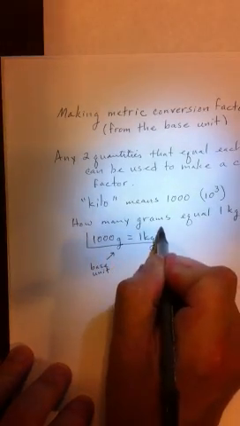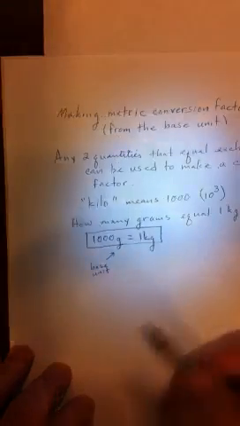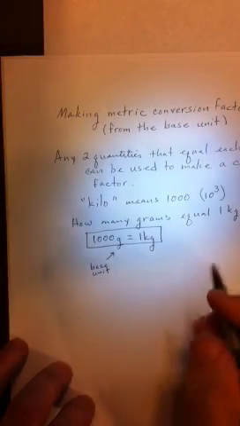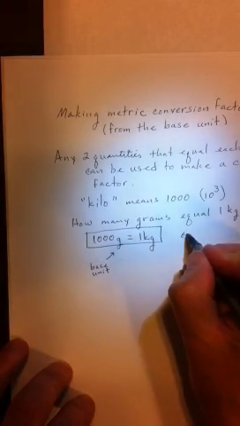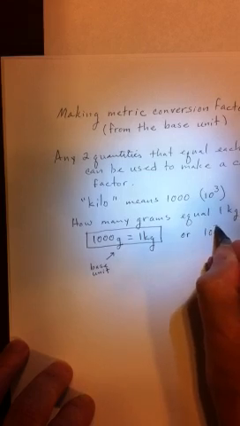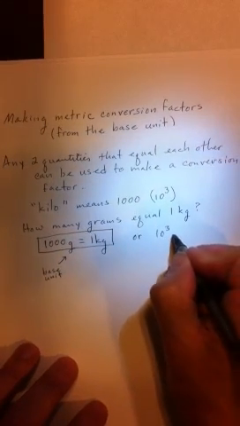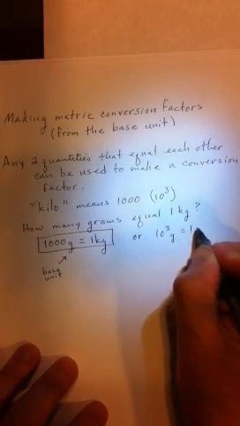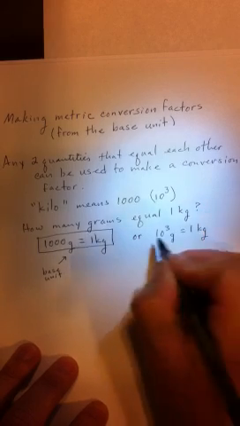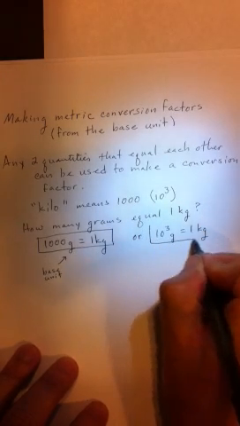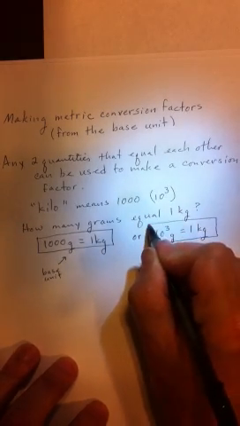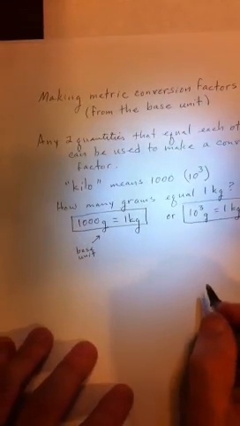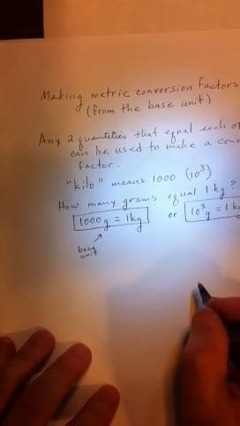Any two things that equal each other can be used to make a conversion factor. It is also true that you could have written 10 to the third power grams equals 1 kilogram. So now take what's on one side of the equal sign, put it in the numerator.